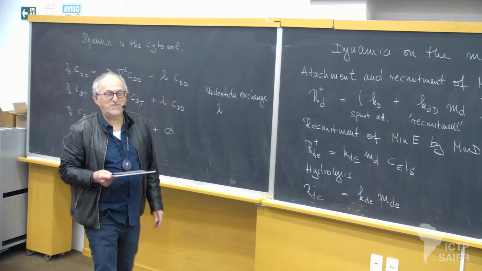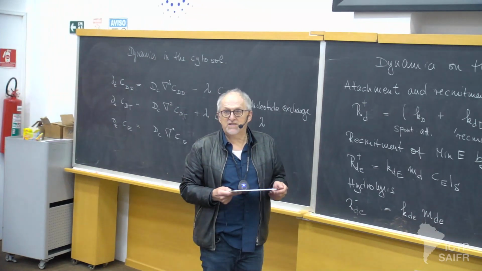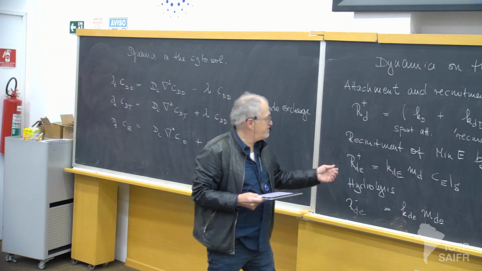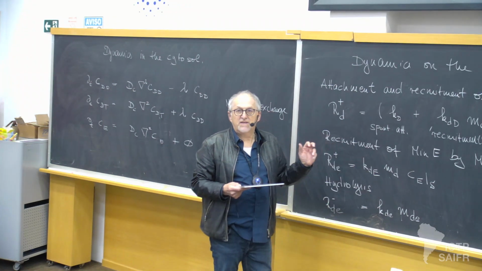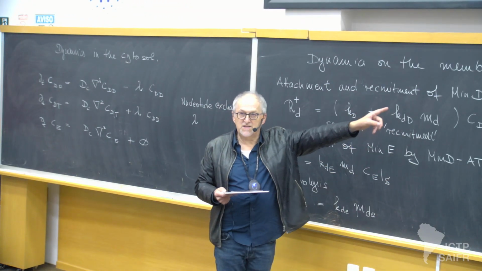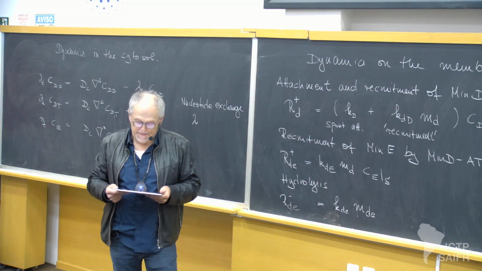It's the hydrolysis event that is a loss event, because it turns the MinD into a MinE. It's the recruitment of the MinE that makes the MinD into a MinDE dimer, and that's a loss for the MinD monomer on the membrane. That's the right way of saying it.